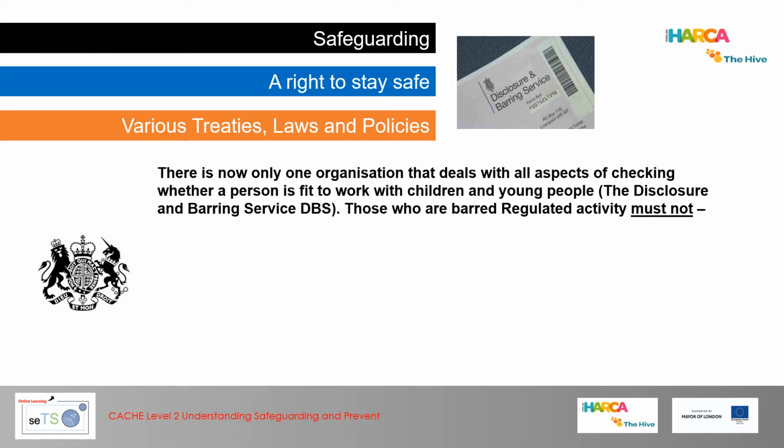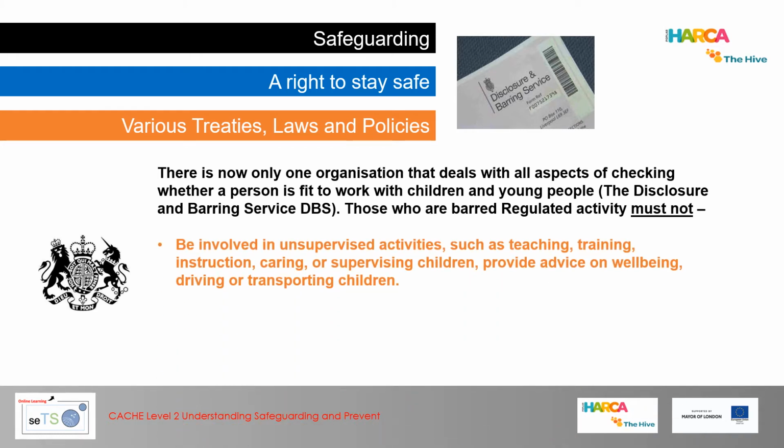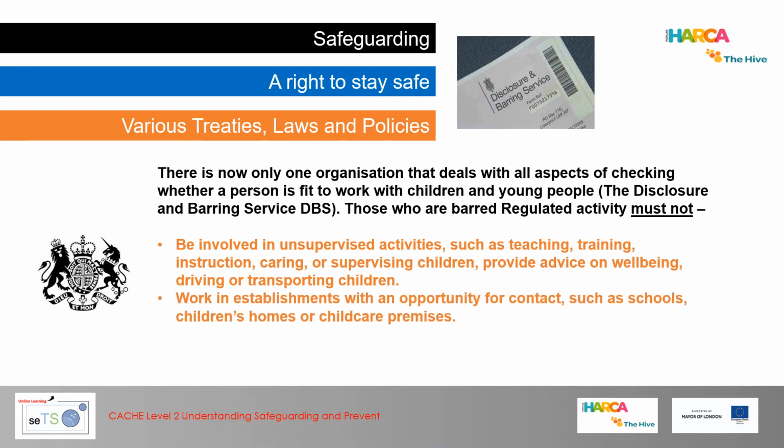There is now only one organisation that deals with all aspects of checking whether a person is fit to work with children and young people, the Disclosure and Barring Service. Those who are barred from regulated activity must not be involved in any unsupervised activities such as teaching, training, instruction, caring for or supervising children, providing advice on well-being, driving or transporting children.